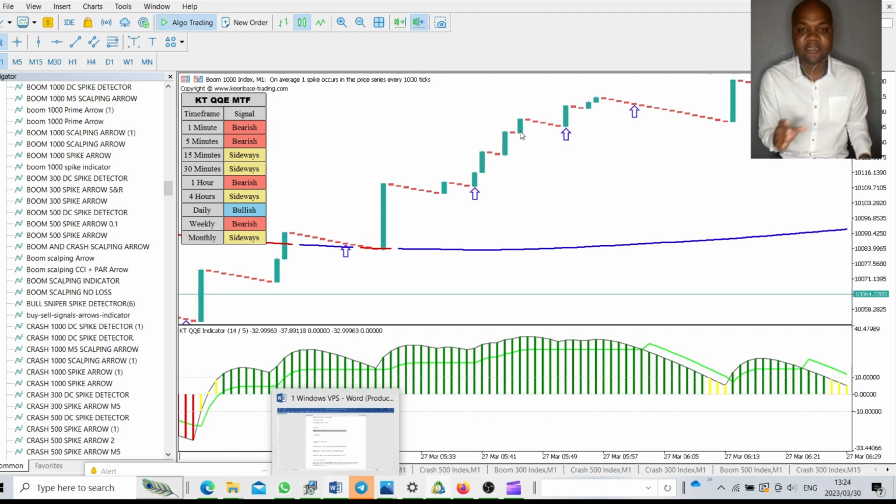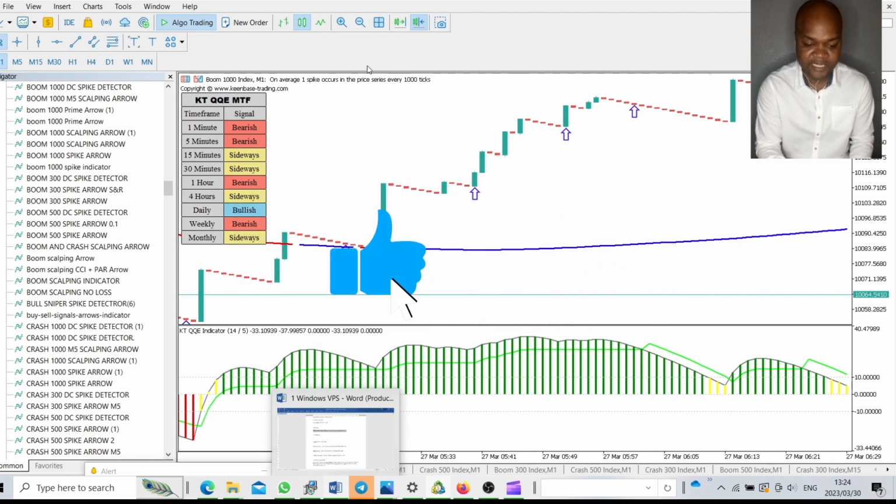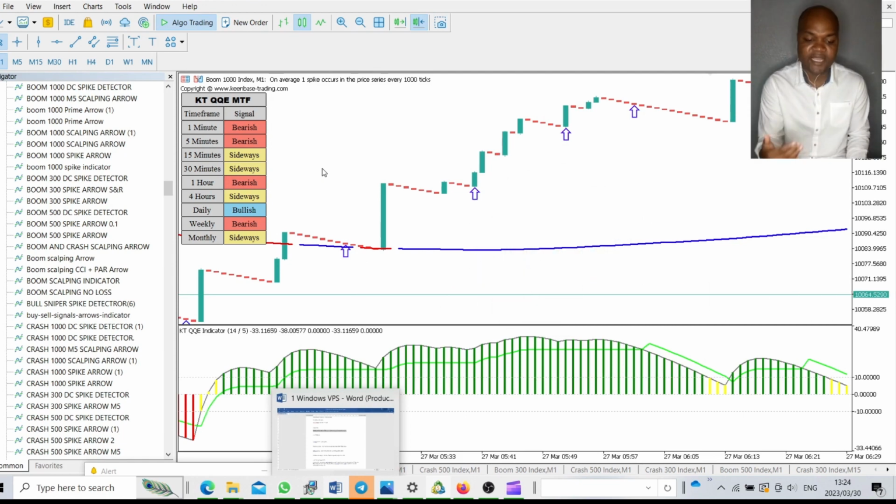So in a crash, when you are catching spikes and you have received a signal to sell, at least 2 of the lower time frames, 1 minute, 5 minutes, or 15 minutes, must give you a bearish signal. It must be red here. Then if you go to the higher time frames, at least 1 of them must also agree that there is a bearish trend.